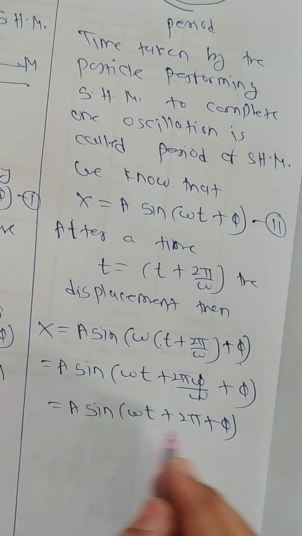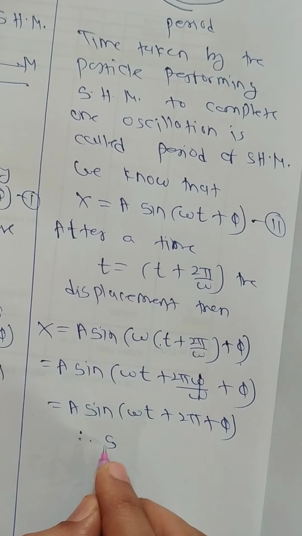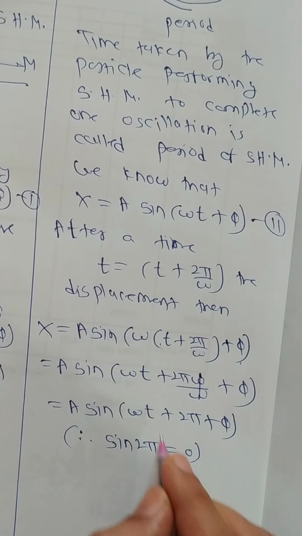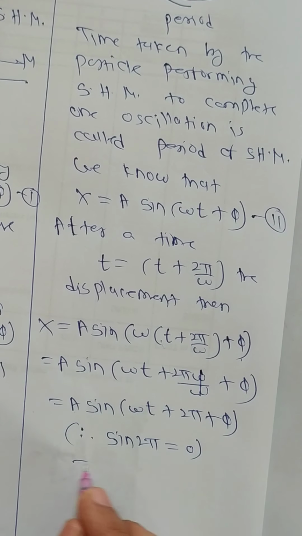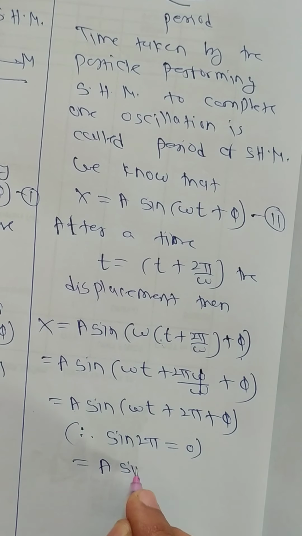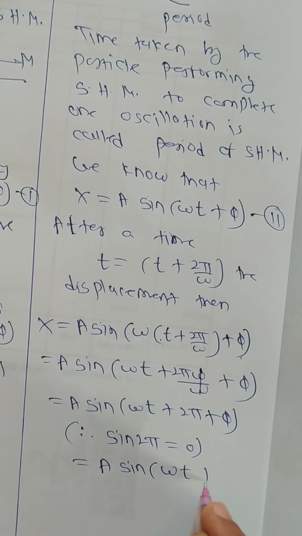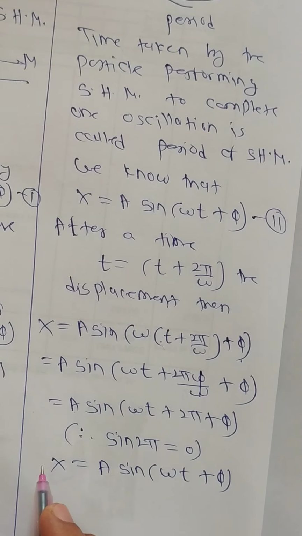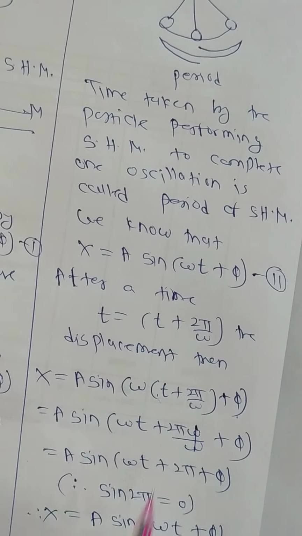So what is sine 2 pi? It will be 0. Sine of any multiple of pi will be 0. So this term will be 0, which leaves a into sine of omega t plus phi. This is the displacement. So it indicates that again it will be the same term.